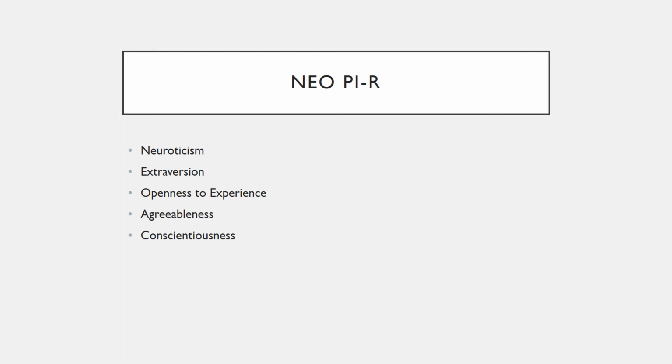Then there's agreeableness. So this is how friendly, considerate, and trustworthy you are, how willing you are to trust others, how much you want to help others, so the sense of altruism, or empathy for others, and then how well you get along with other folks as opposed to creating conflict.